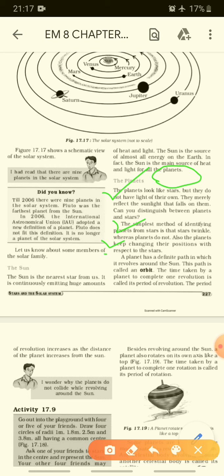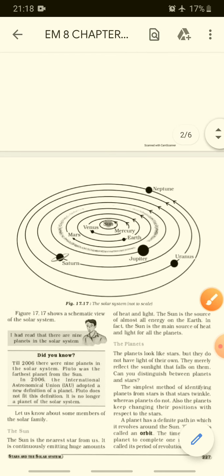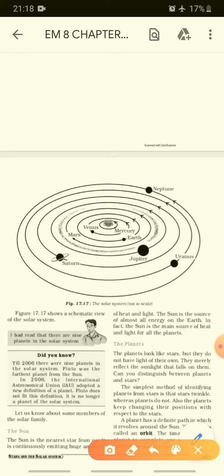Now, a planet has a definite path in which it revolves around the sun. The path is called an orbit. Let's take Jupiter. Jupiter has a path in which it moves only along its own path.